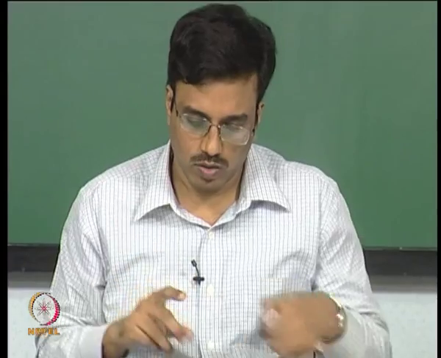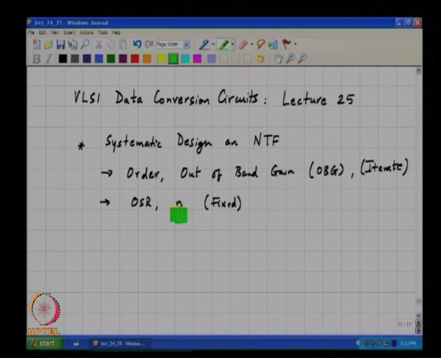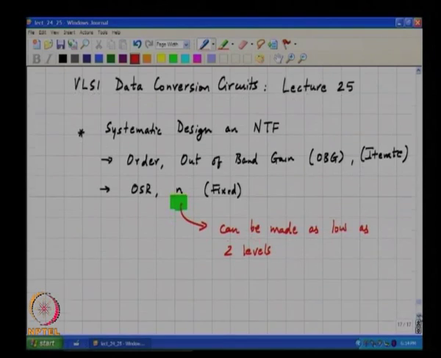The lowest you can go is to have 2 levels, right. 2 levels correspond to 1 bit. So, in the limit n can be made as low as 2 levels, okay.